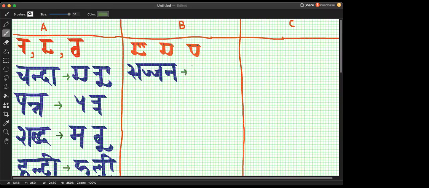Sa will remain as is. This is Sa, and then J. In Sajjana, we'll first write J. The top J will remain as it is.